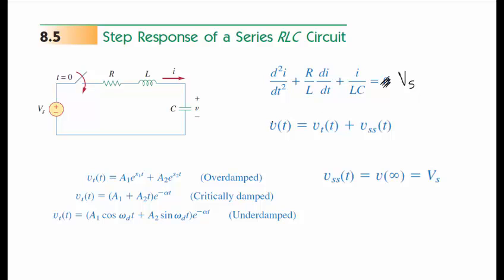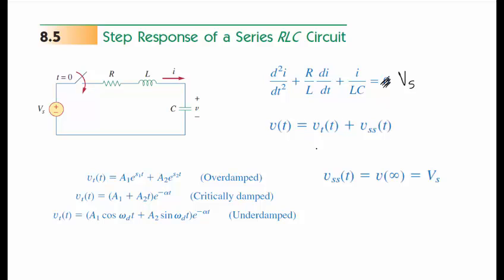And we did learn earlier in the first order circuits that the total response, the total solution to the differential equation, is the transient response plus the steady state response.